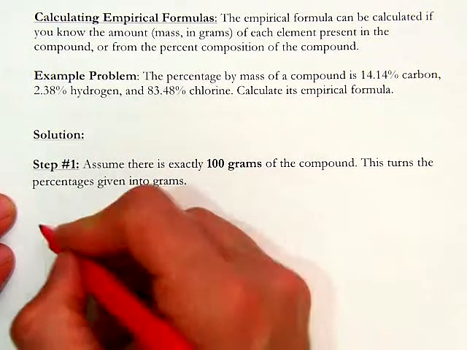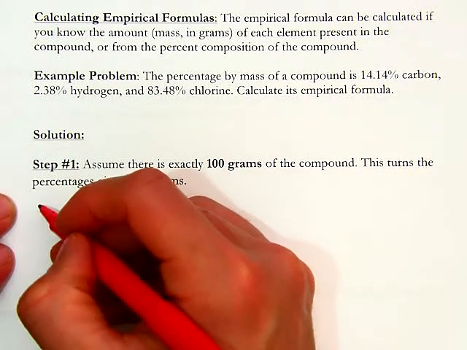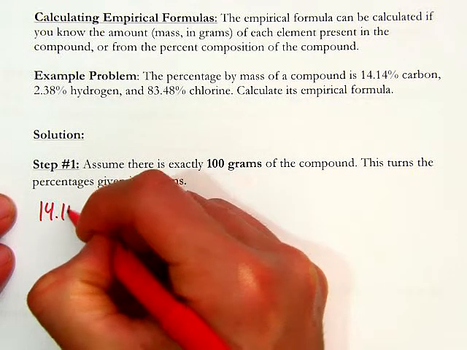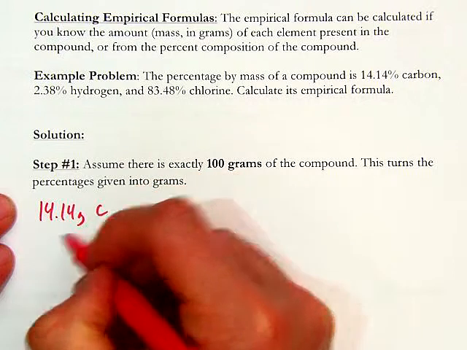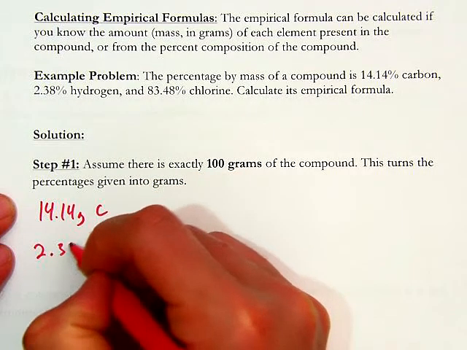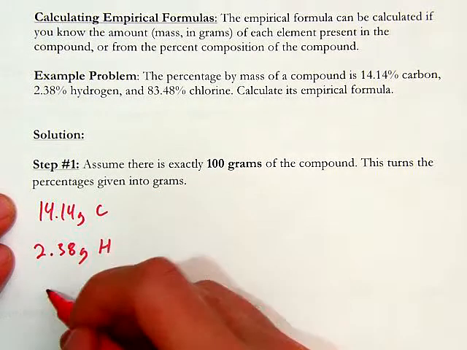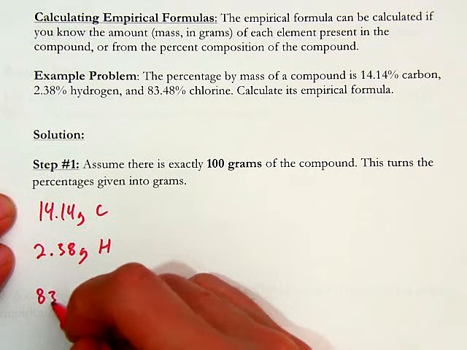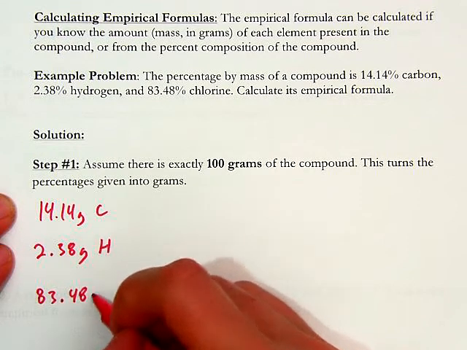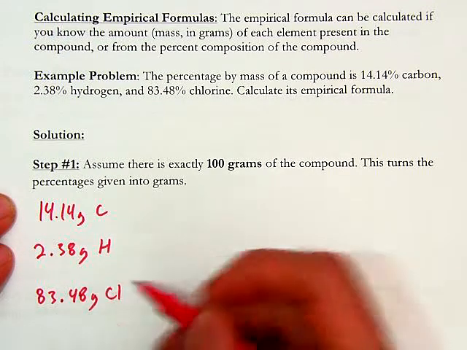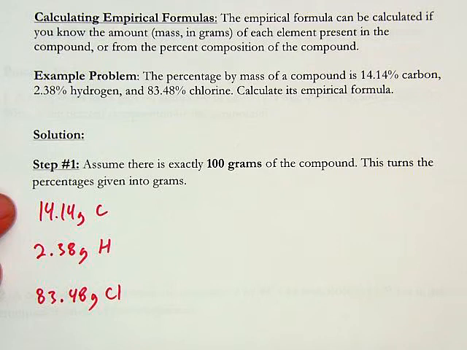So we can just treat these percentages as grams: 14.14 grams of carbon, 2.38 grams of hydrogen, and 83.48 grams of chlorine. So by assuming that we have 100 grams, the percents are now grams.